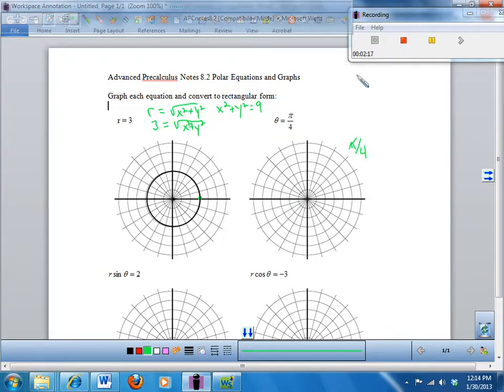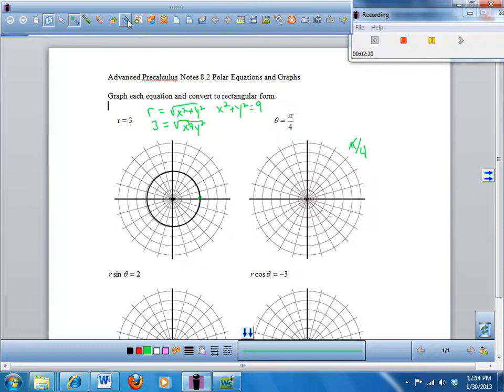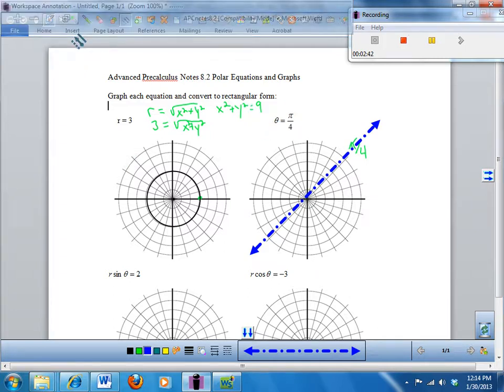So the angle is always pi over 4, so all that is a line that follows that. Now, if you graph that on your graphing calculator in polar form, that's probably what you would get, although I think you have to have it in terms of r to graph it in polar form.